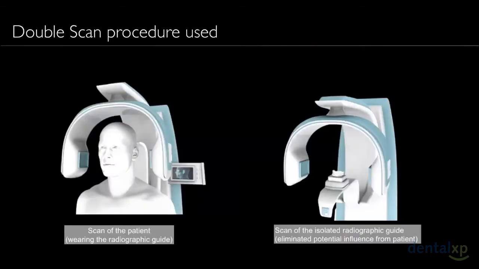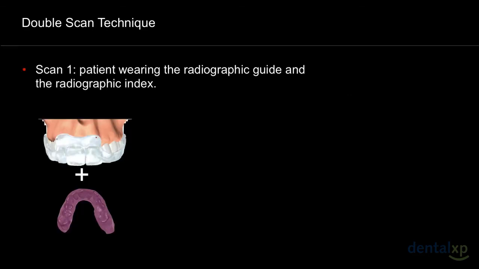Again, a double scan technique is used, one of the patient wearing the radiographic template and the other of the radiographic template alone. So the first scan is the patient wearing the radiographic template and that interocclusal record that registers where the position of the radiographic template should be seated.